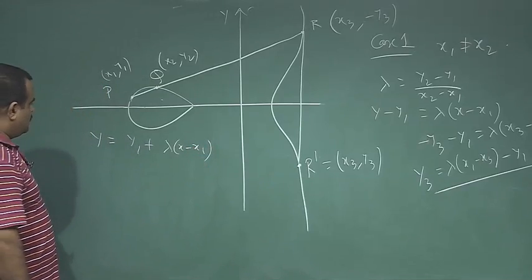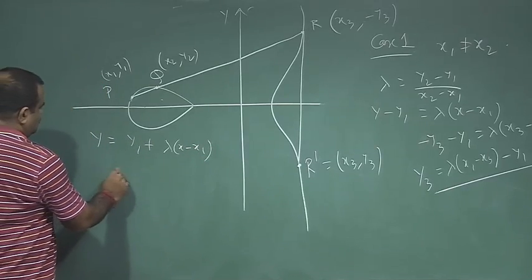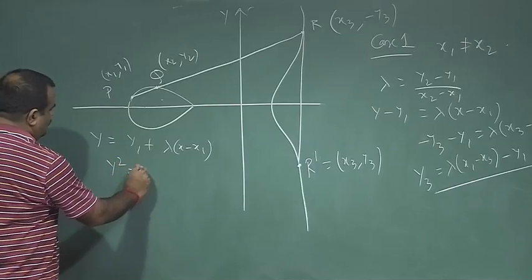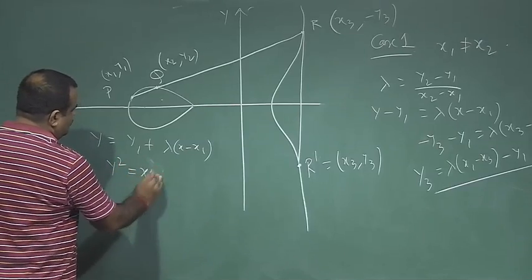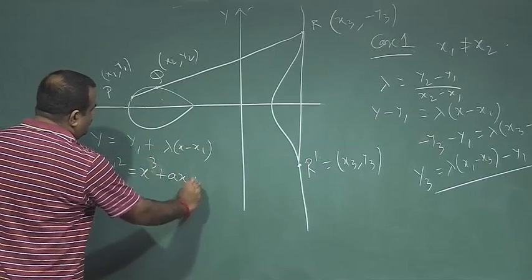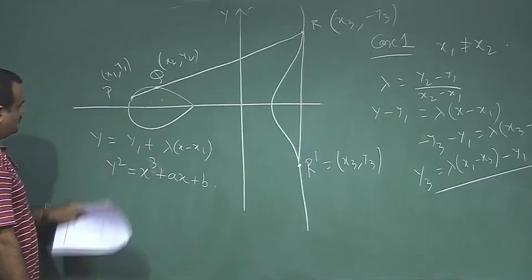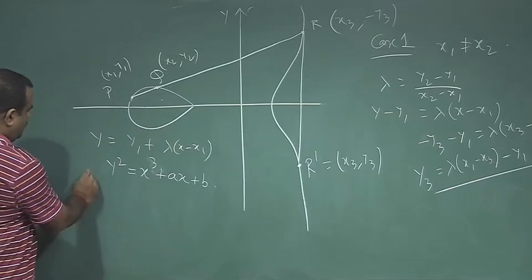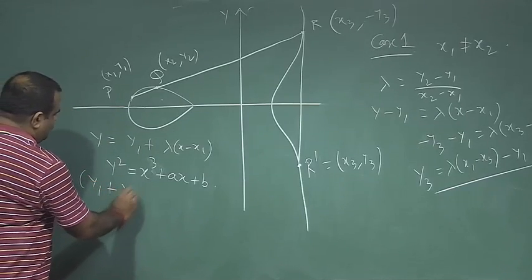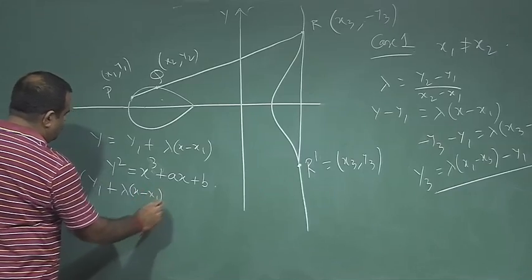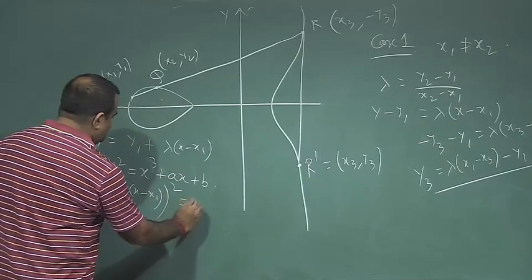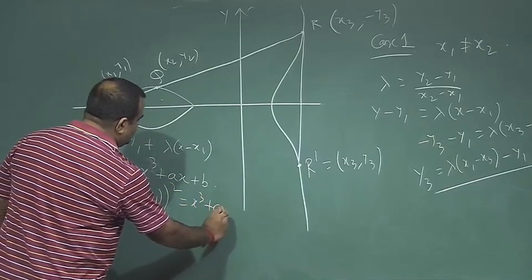This is y. Okay. Now, this is passing through this curve, x cubed plus ax plus b. So, we can put this value y over here: y1 plus lambda into x minus x1, whole square, is equal to x cubed plus ax plus b.